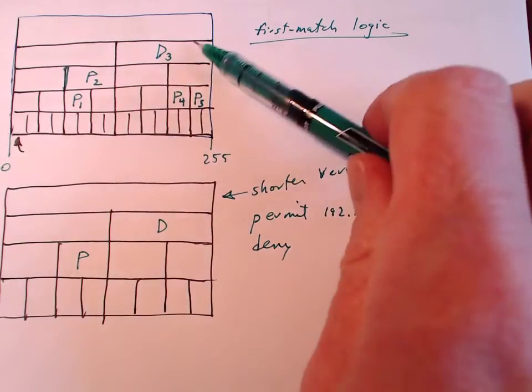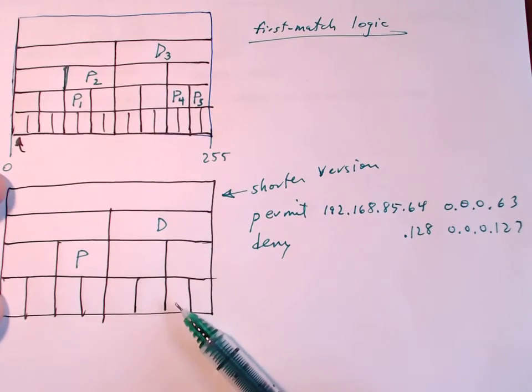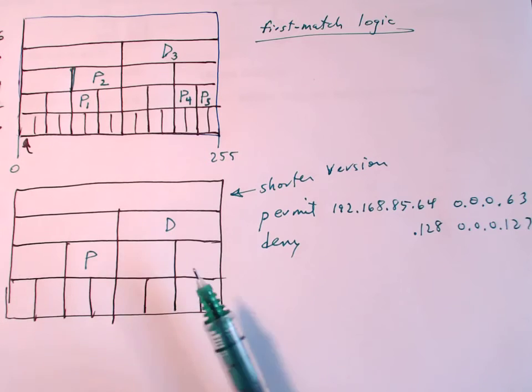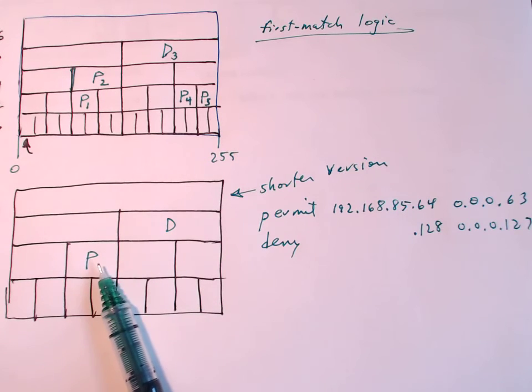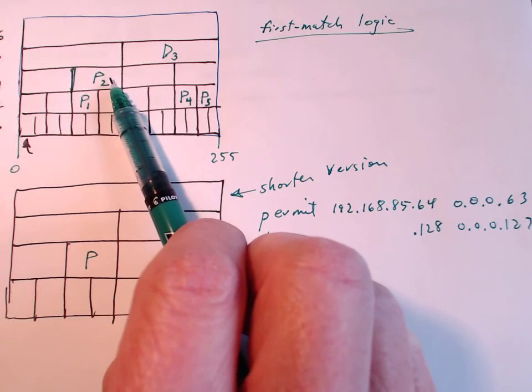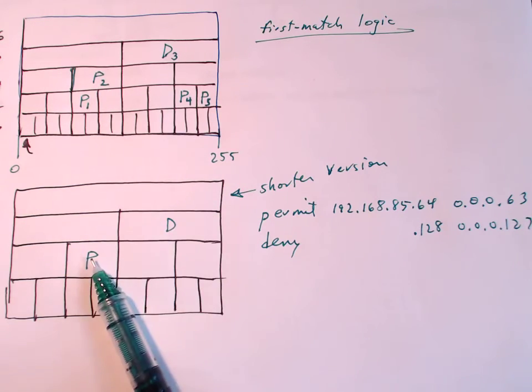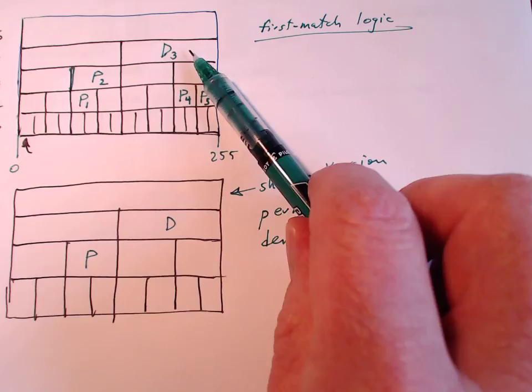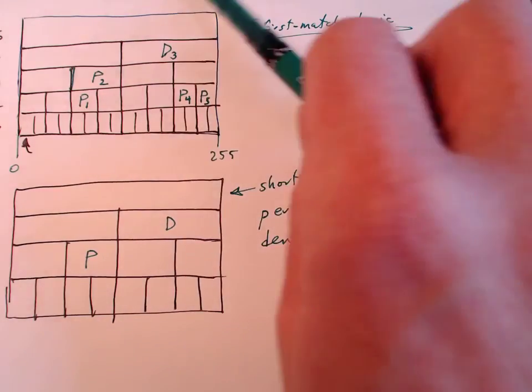Okay, well, in any case, I copied this diagram over down here. And here I've permitted exactly the same group that was in step 2. Here I've denied exactly the same group that was in step 3 up above.